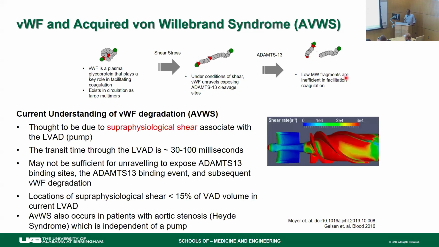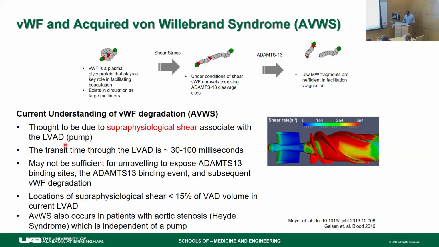But in these patients that have left ventricular assist devices, there is excessive von Willebrand factor degradation. Most people in the literature suggest that it's due to supraphysiological shear. This is an extremely high level of shear that you don't see in normal circulation, but you see as blood transits through the device itself.